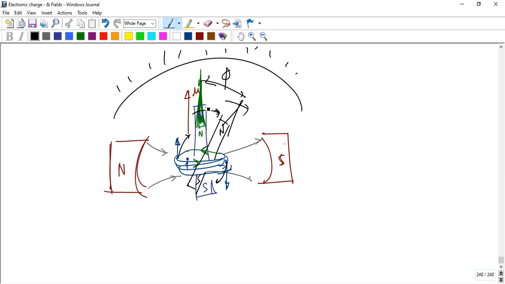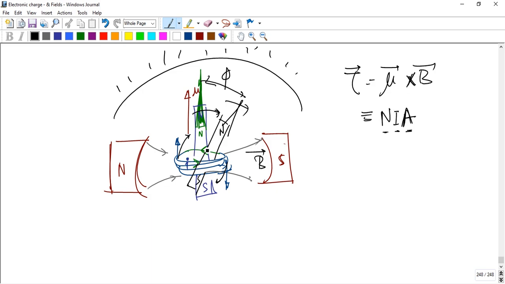So here is a torque tau, we know that is mu B, where B is the external magnetic field, and mu equals NIA, where N is the number of turns of the current carrying coil and A is the cross section area of that coil. mu and B form a cross product, so that is a sine theta.